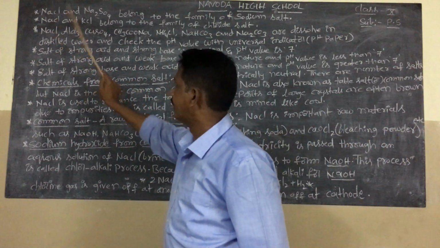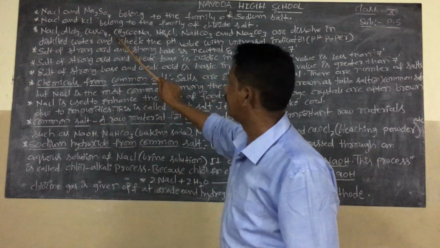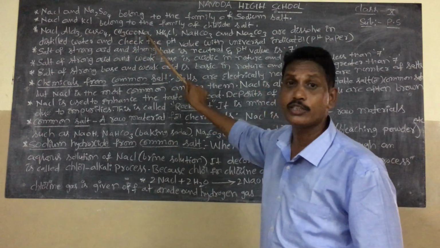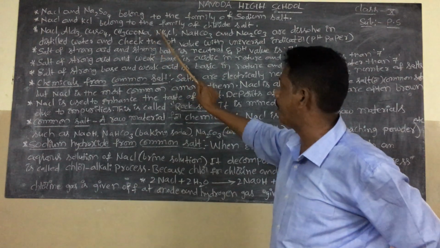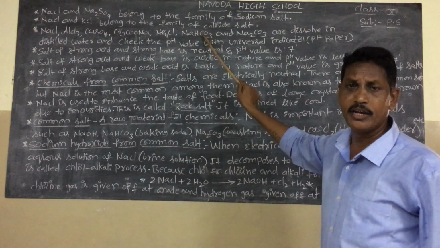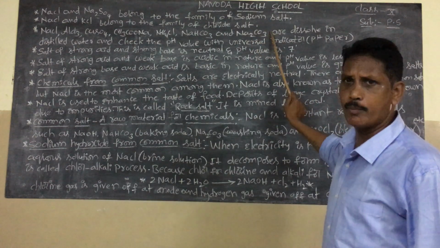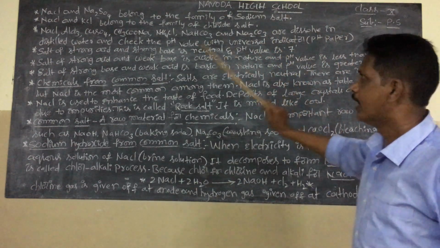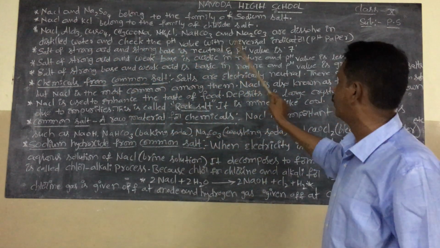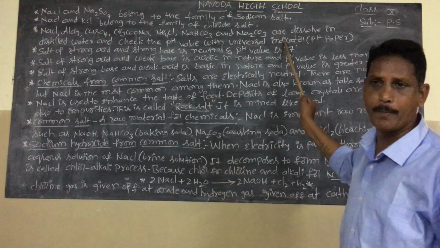Here, NaCl, AlCl3, sodium chloride, aluminum chloride, CuSO4, copper sulfate, CH3COONa, sodium acetate, NH4Cl, ammonium chloride, NaHCO3, sodium hydrogen carbonate, baking soda, sodium bicarbonate, and Na2CO3, sodium carbonate, are dissolved in distilled water, and we check the pH value with universal indicator pH paper.